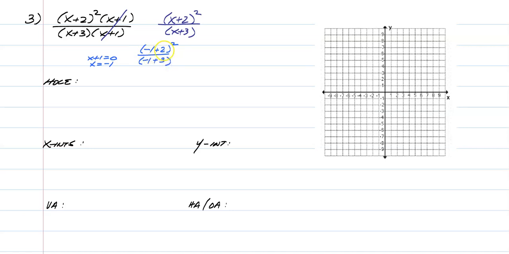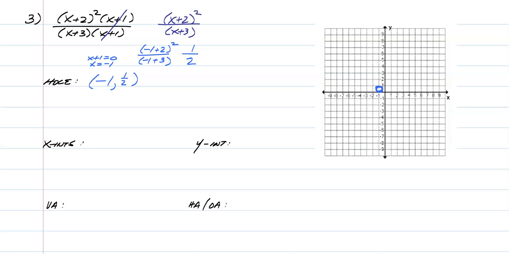So, -1 plus 2 is 1 squared is 1 over -1 plus 3 is 2. So you have a hole at -1 comma 1/2. So you are going to -1, 1/2, and you're going to put a circle. And it could be a little bigger than you think because we're working with a small graph. No big deal.